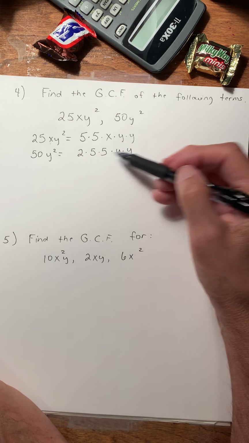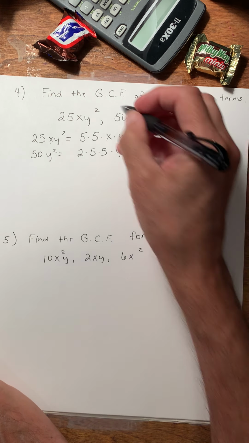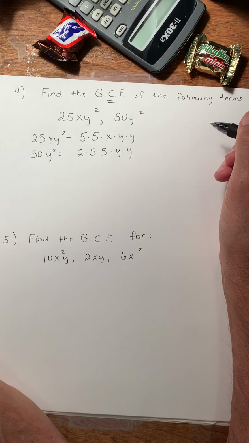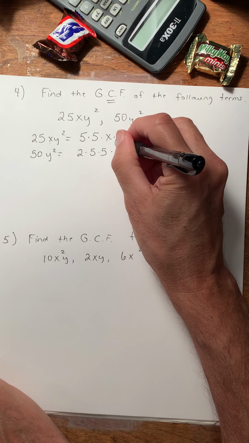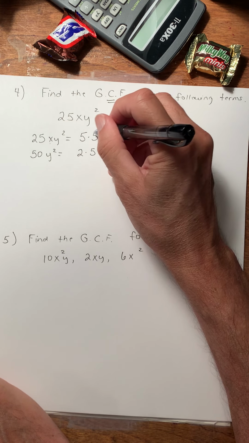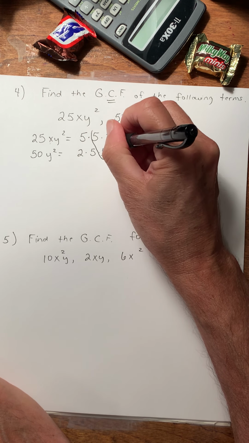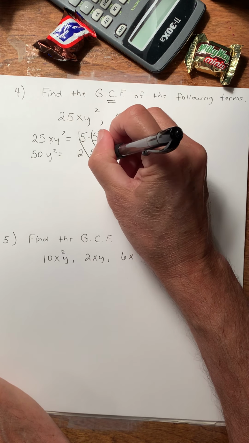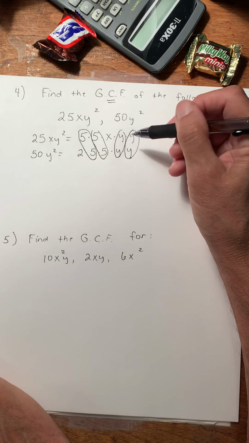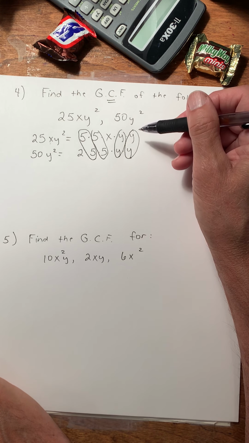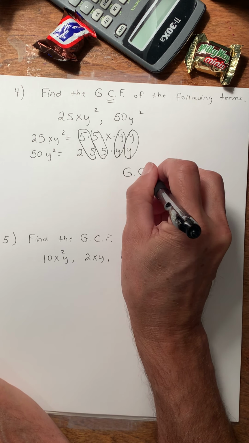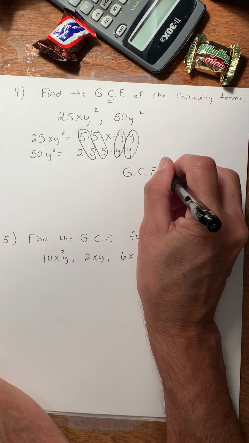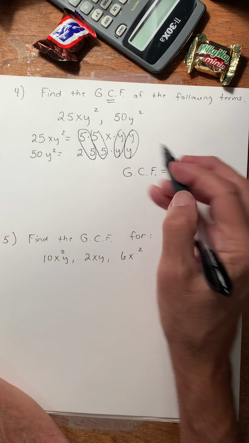Now, once I have them expressed in prime factors, I look for what they have in common. Hey, they each have a y. Hey, they each have another y. They each have a 5. They each have another 5. Anything else in common? No. So the greatest common factor has two 5s.